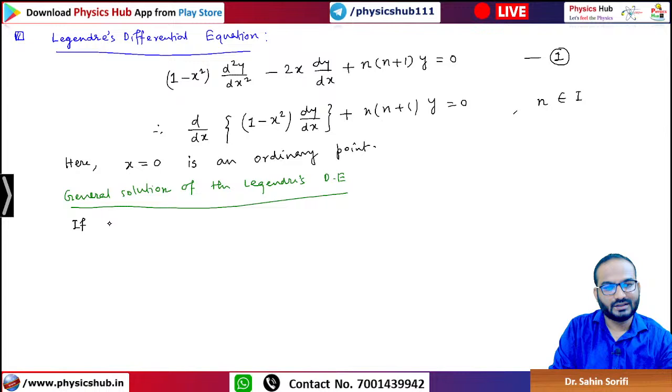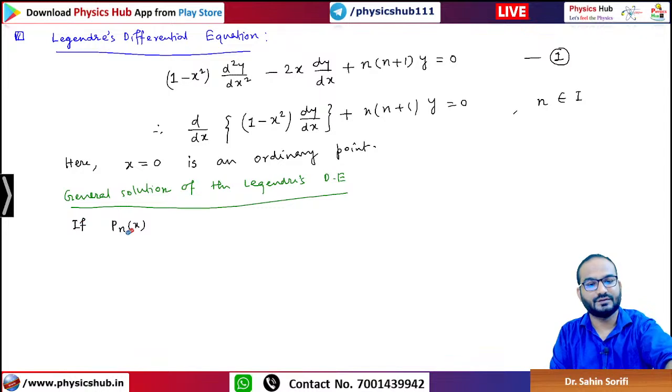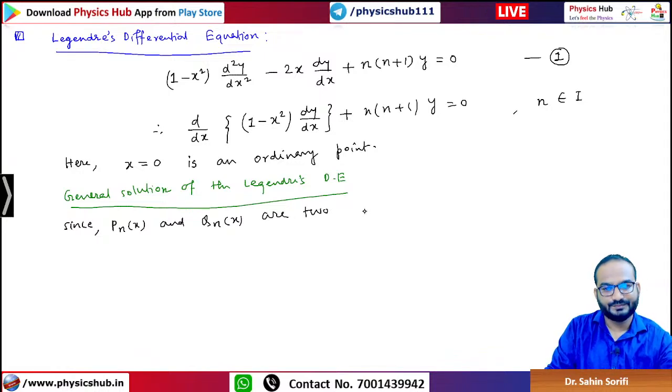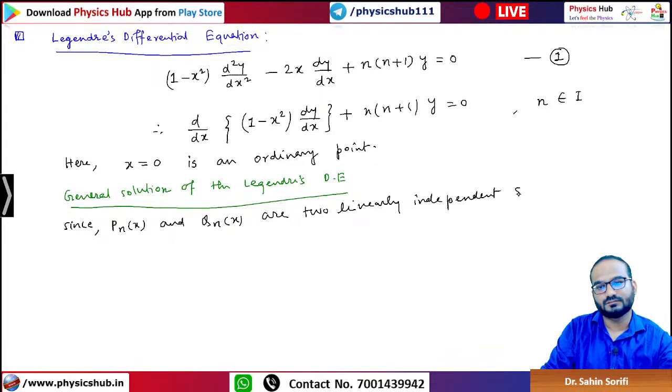So two solutions are there. Pn of x is one of the solutions. This is known as the Legendre polynomial. Another solution is known as Qn of x, because a second order differential equation will have two independent solutions. Pn of x and Qn of x are two linearly independent solutions of the differential equation.